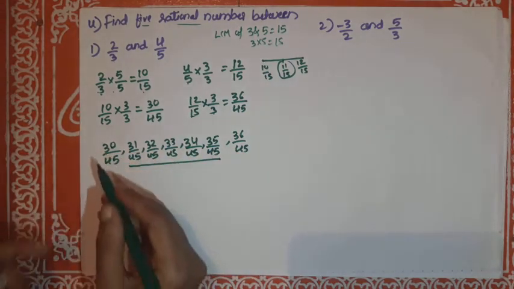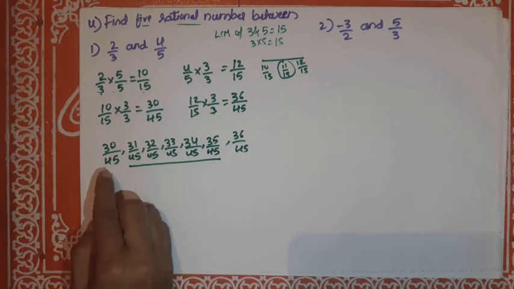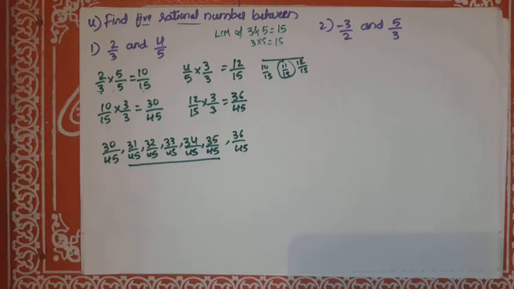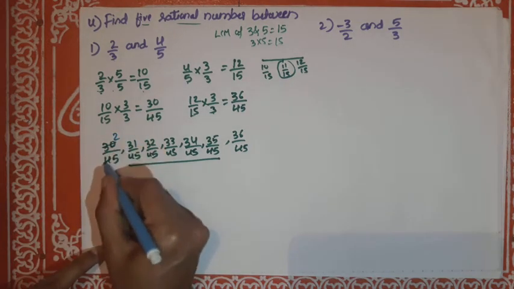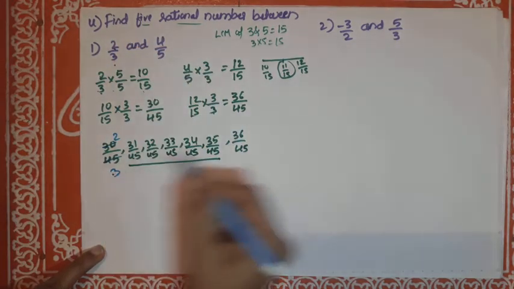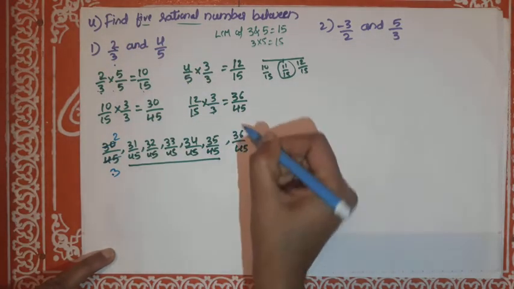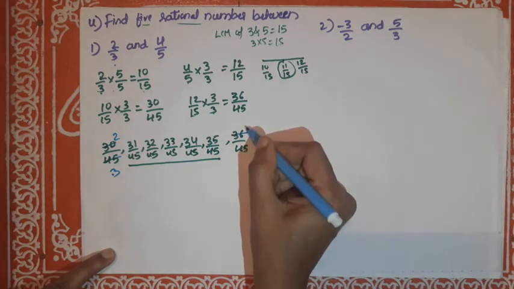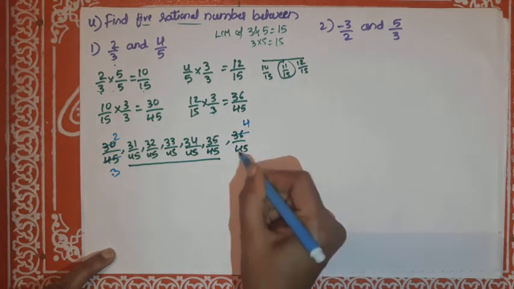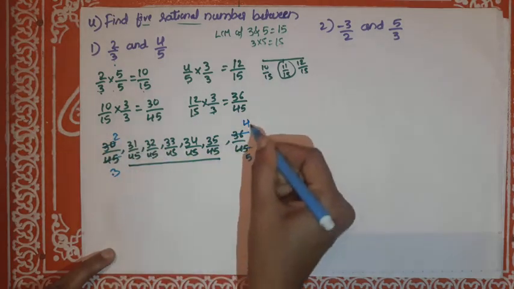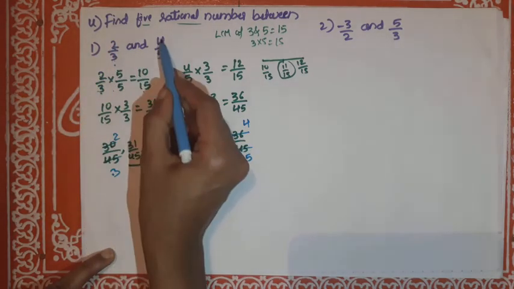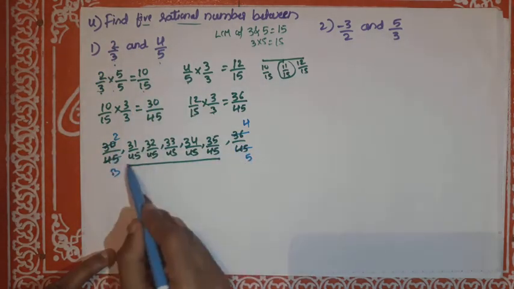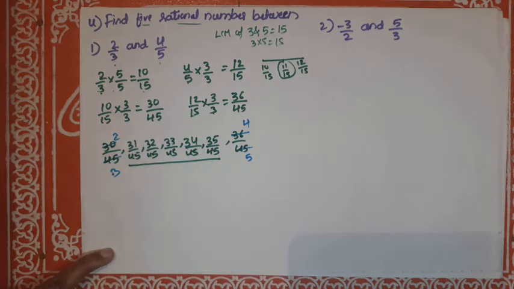We know 30 by 45 is nothing but 2 by 3, since 15 times 2 is 30 and 15 times 3 is 45. And 36 by 45 is nothing but 4 by 5, since 9 times 4 is 36 and 9 times 5 is 45. So between 2 by 3 and 4 by 5 we have these 5 rational numbers.